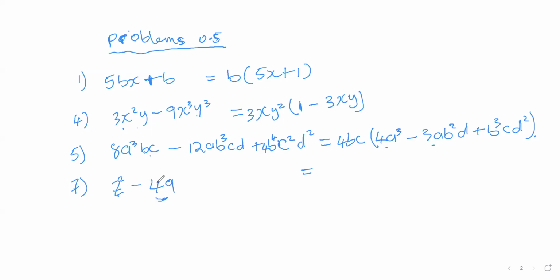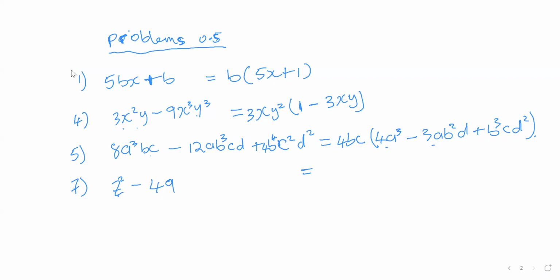It's not a sum of cubes because this is a minus and not a plus, all right? So we are then left with difference of squares as our only option for factoring this expression. Okay, so I look at how can I write this as z squared minus something squared, right? So I ask myself, 49 is the square of which number?